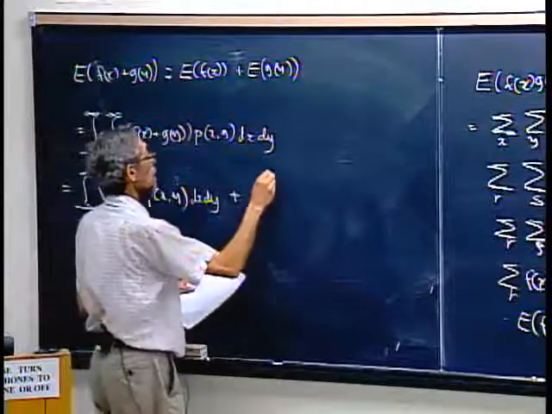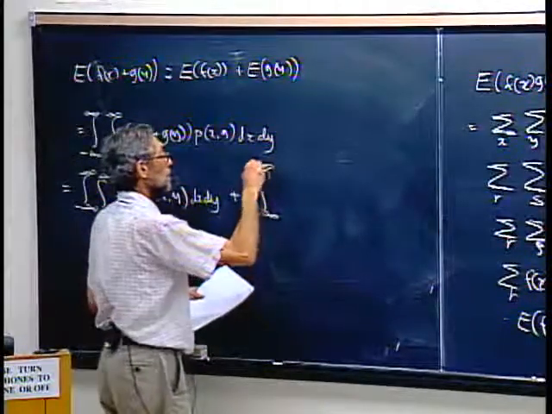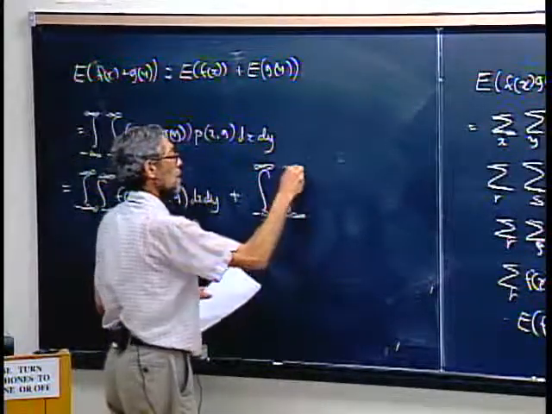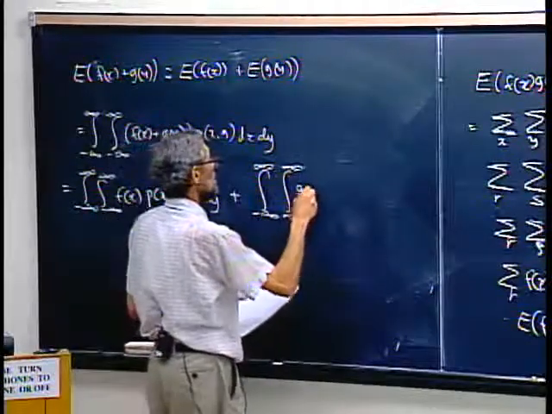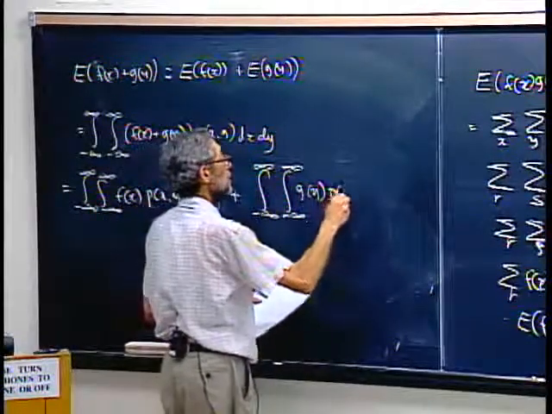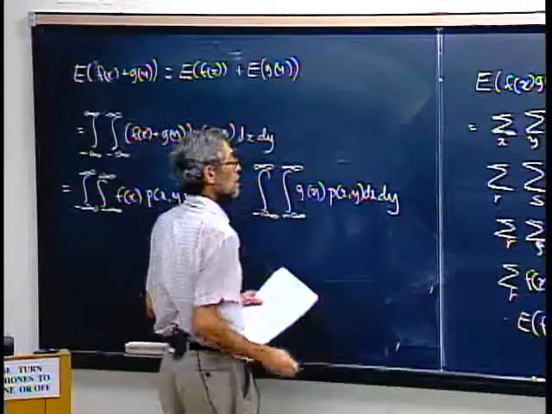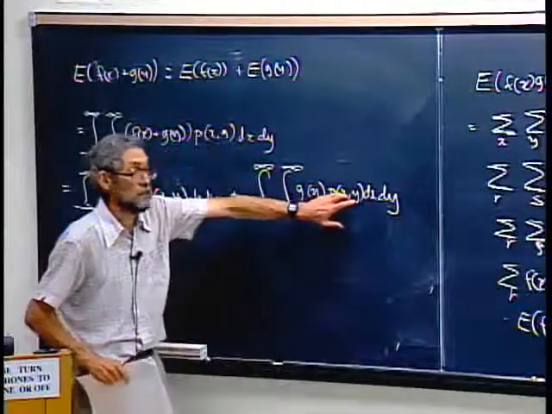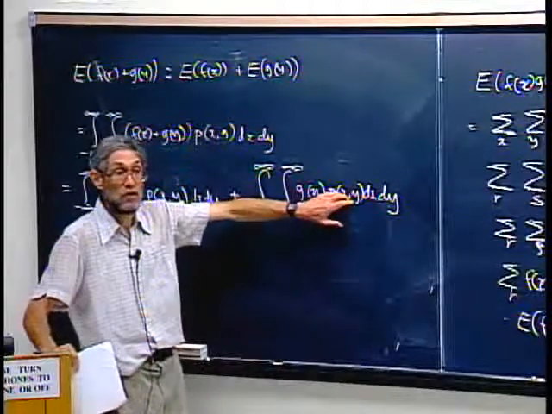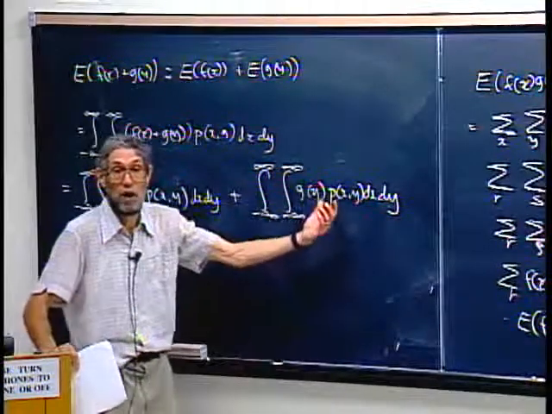And the second one is the double integral of just the g of y term, P of x, y, dx, dy. Right? So now this probability depends on both x and y, and I'm not assuming they're independent, so I can't write it as a product.